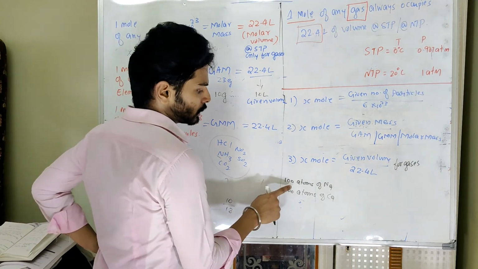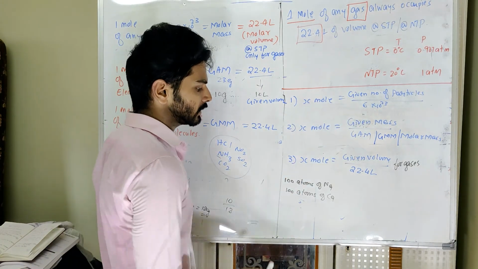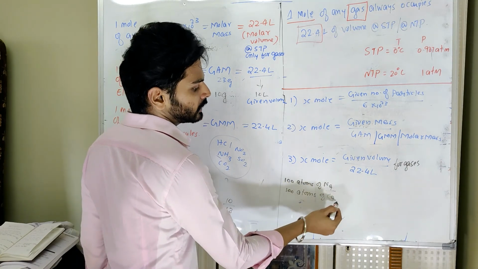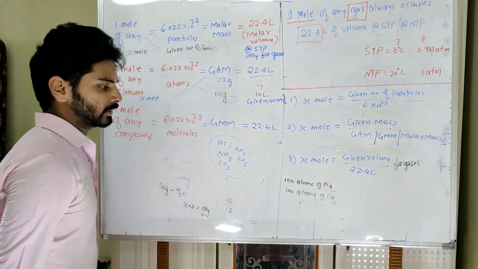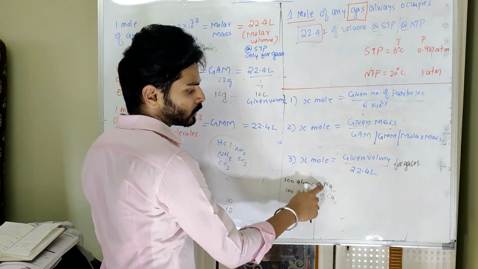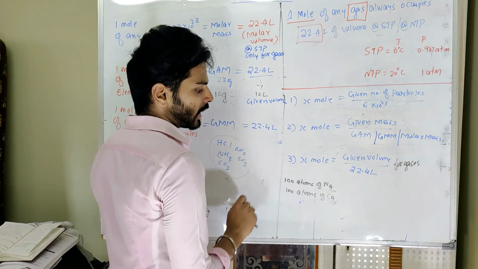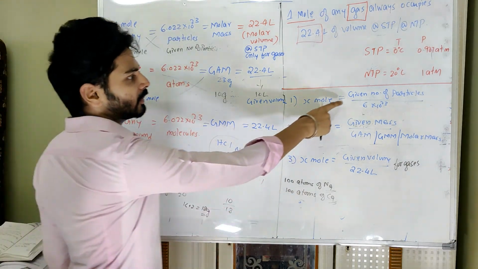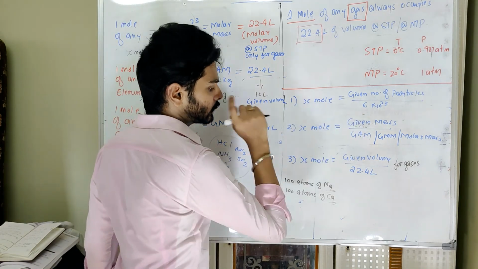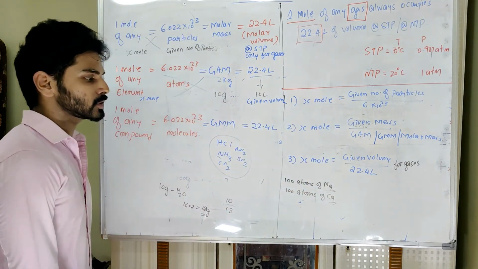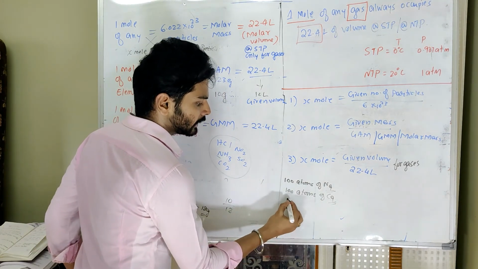Why? Because 100 atoms divided by 6 into 10 raised to 23, and no matter which substance I take, 100 atoms will be the same mole. This divisor is not going to change from substance to substance.